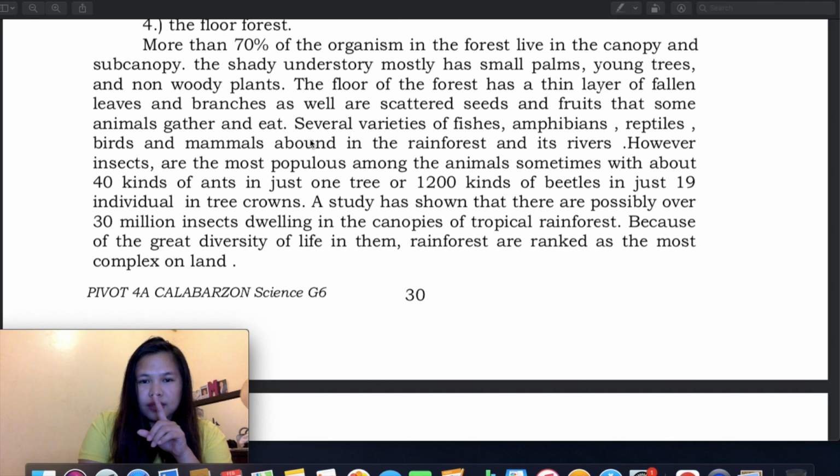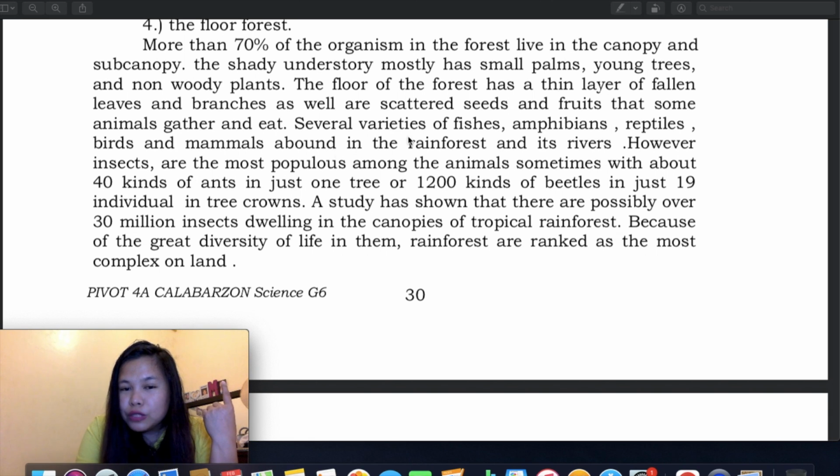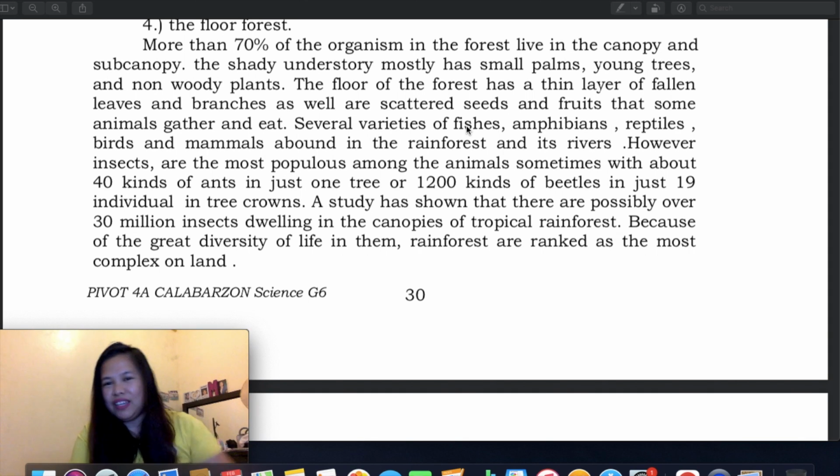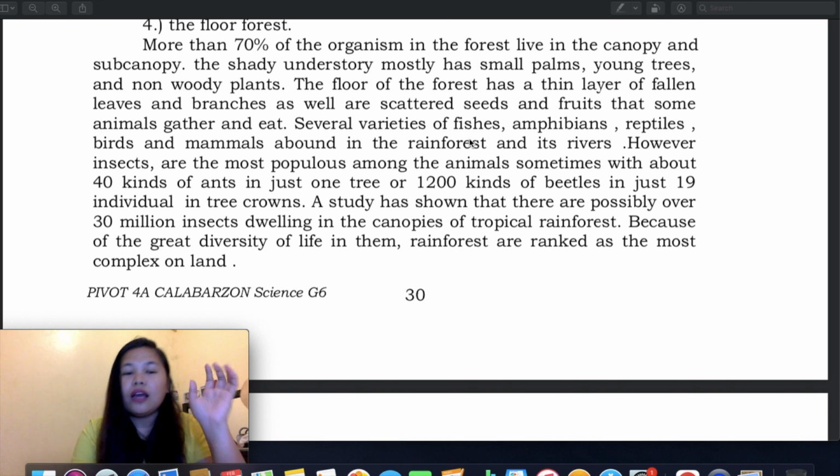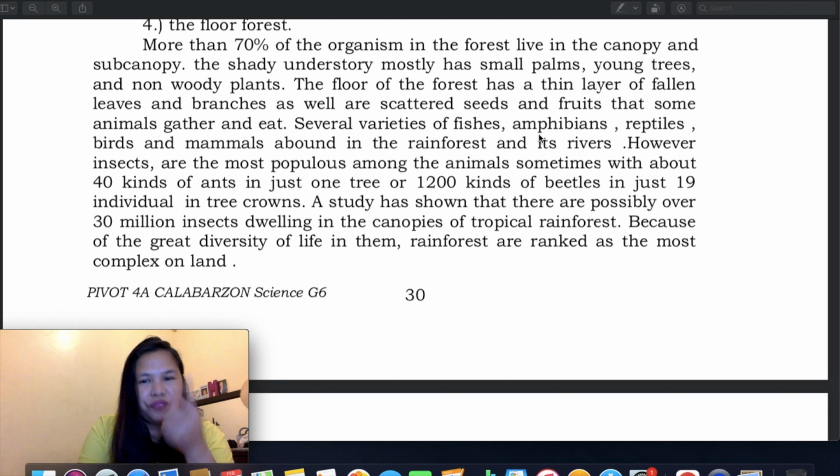Okay? So next, several varieties of fishes, amphibians, reptiles, birds, and mammals. So nandito na yung ano sila? Invertebrates or vertebrates? Comment your answer in the comment section. Okay.